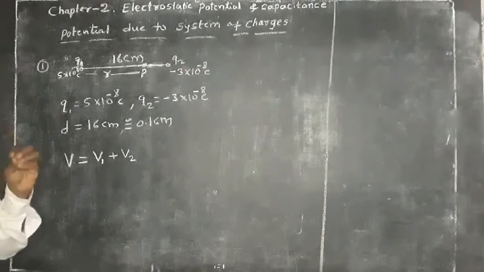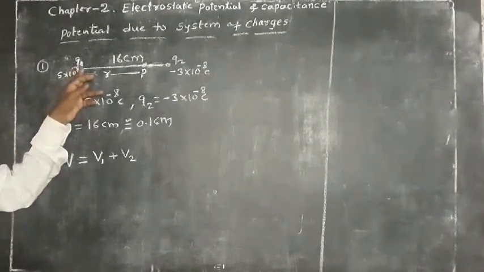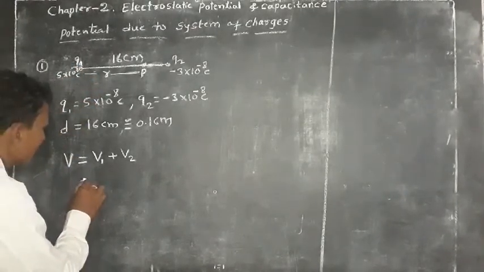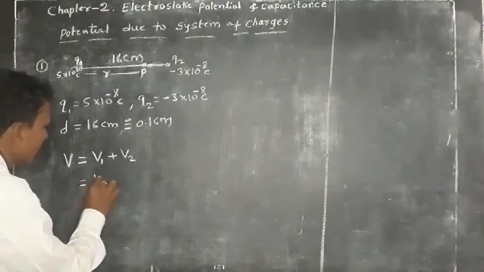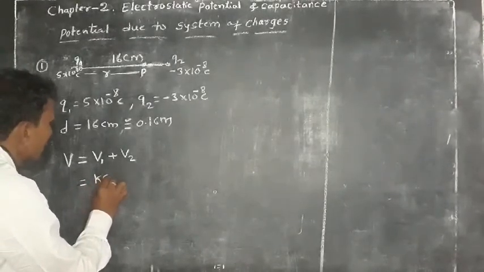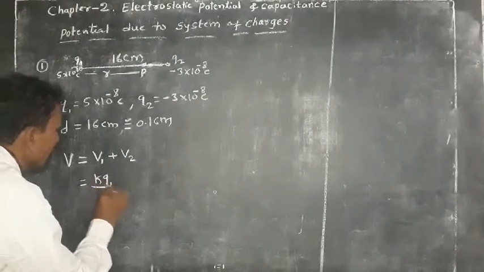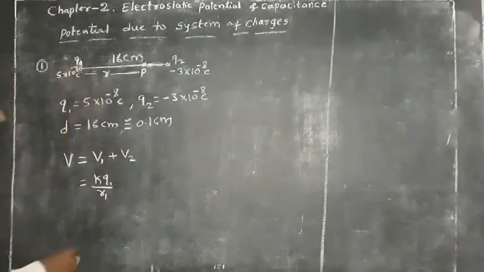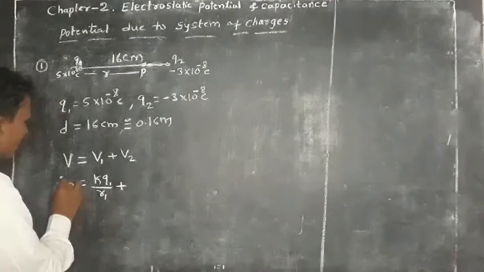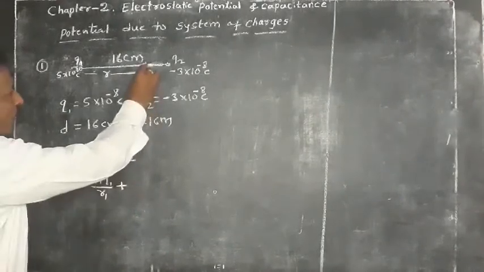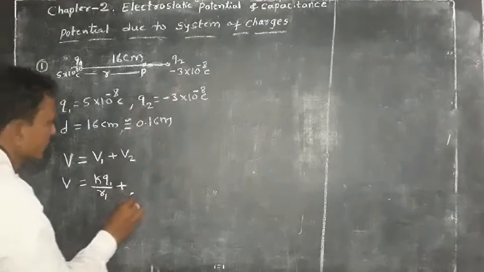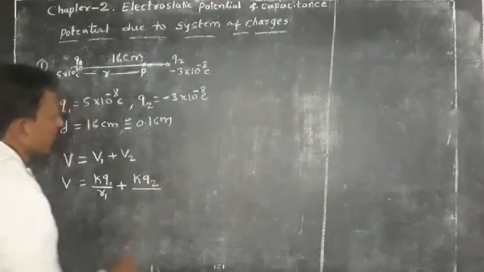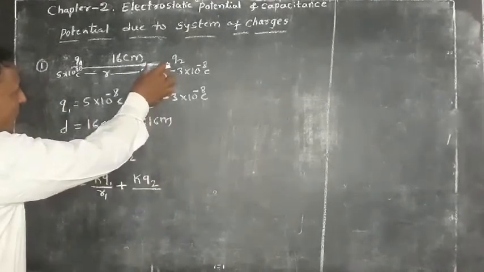And we know that potential at a point due to a charge is kq upon r. Therefore, P1 equal to k Q1 upon r1, where r1 is the distance of the point from charge Q1, plus P2, potential at P due to charge Q2, given by k Q2 upon, what is the distance of the point P from Q2?